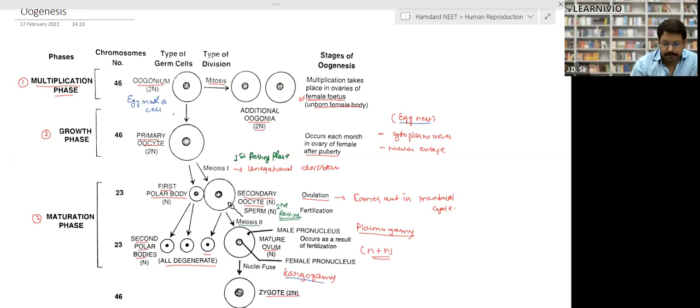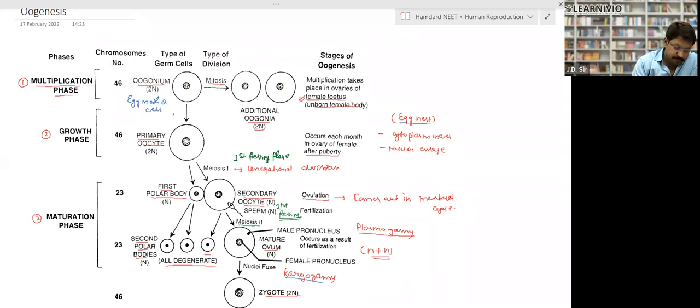Next, growth phase. The growth phase of primary oocyte is very long. It extends from birth to the puberty.